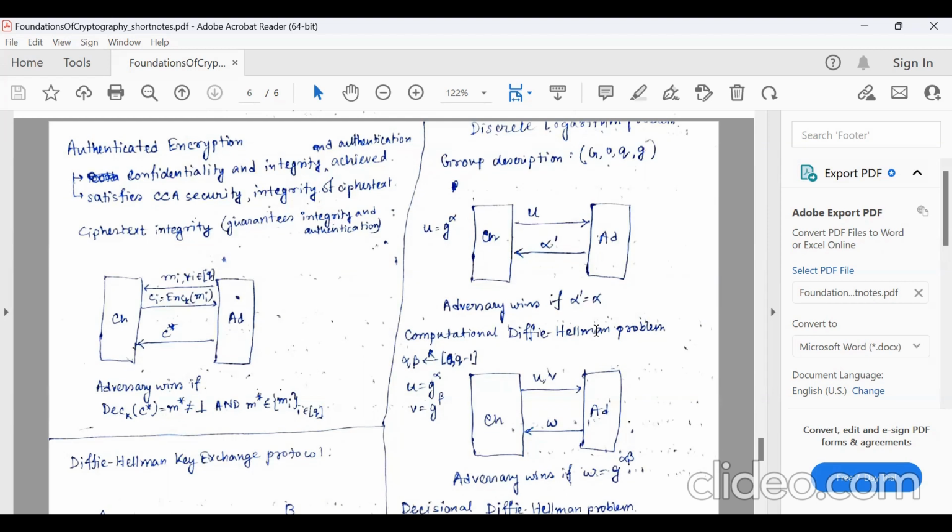Then we come to authenticated encryption, where we actually achieve all three goals of confidentiality, integrity, and authentication. An authenticated encryption scheme will satisfy both CCA security and ciphertext integrity. What is meant by CCA security, we already discussed in the beginning. And what is ciphertext integrity?